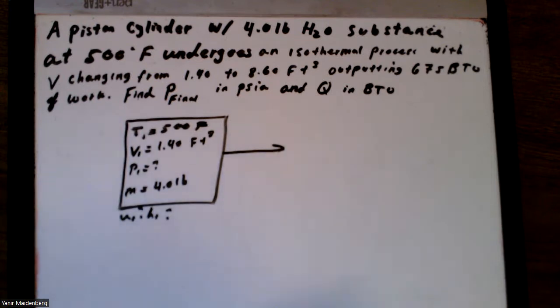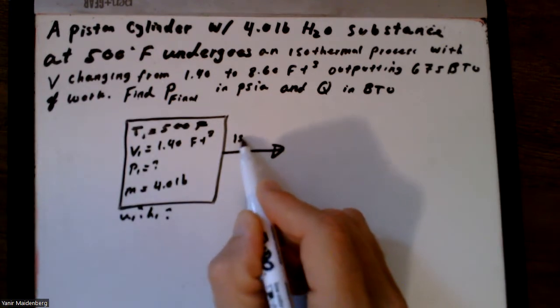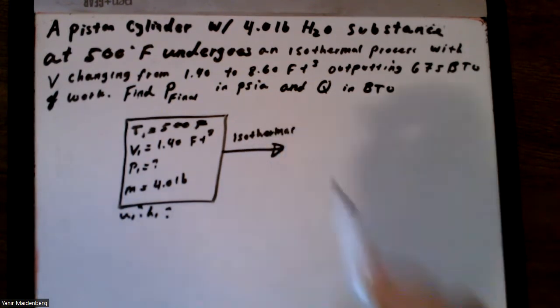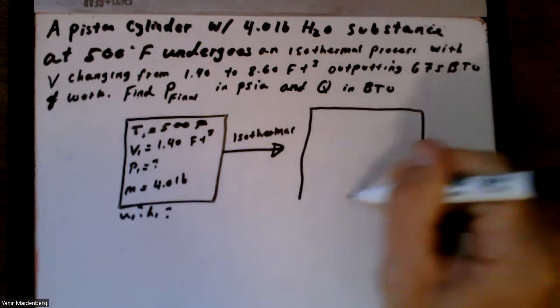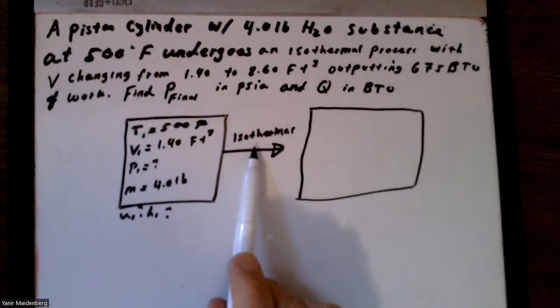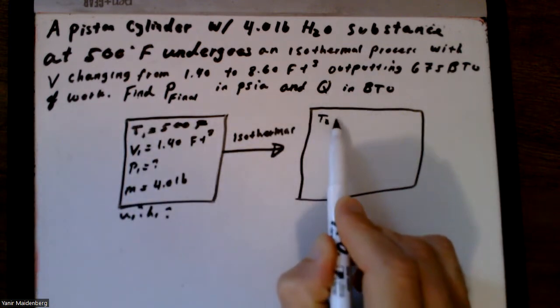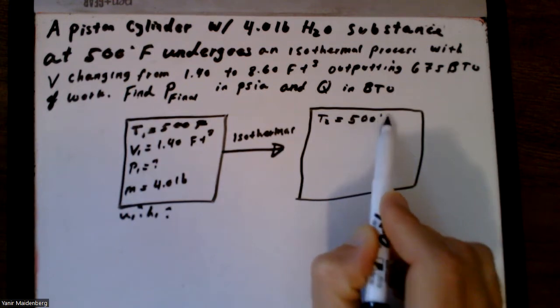And what's happening is that this thing is changing isothermally. We have some sort of isothermal process, and as a result, we have state 2. In state 2, if it's isothermal, that means the temperature stays the same. So that makes our life easier. We know we have this at 500 Fahrenheit.